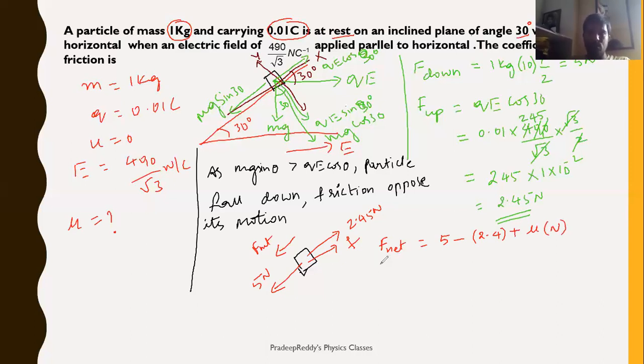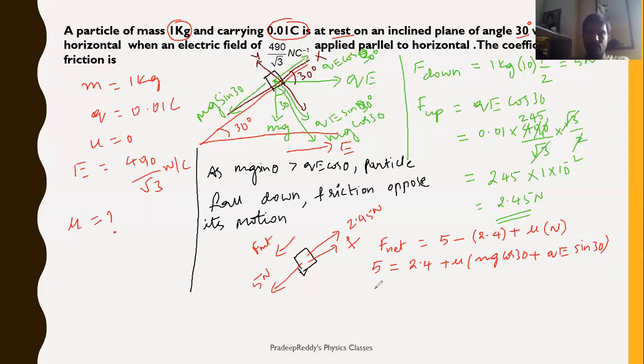F net is equal to ma, and here, if I am considering that the charged particle is at rest, in static friction, then this will be equal to 0. So that gives you 5 is equal to 2.45 plus mu into normal reaction. There are two components acting here. That will be mg cos 30 plus qE sin 30.